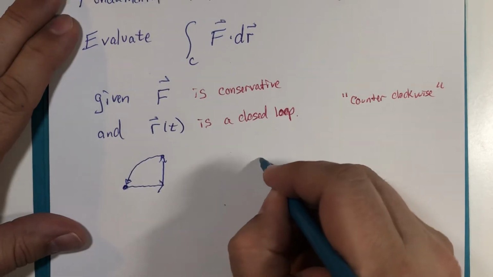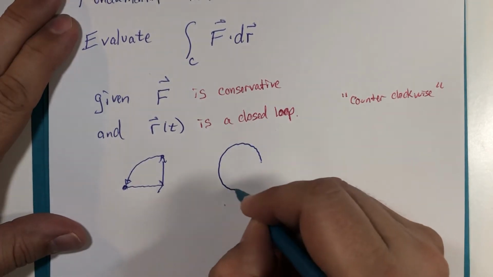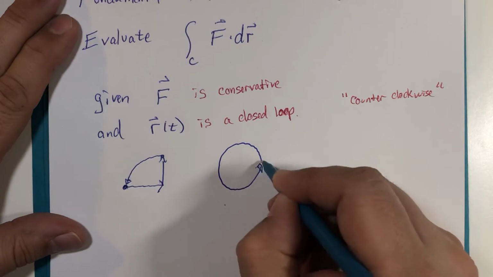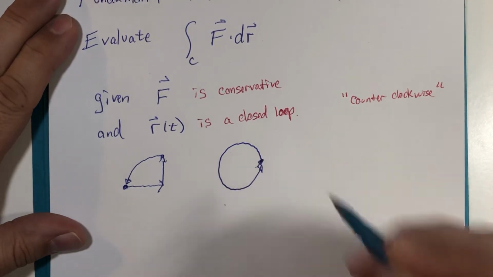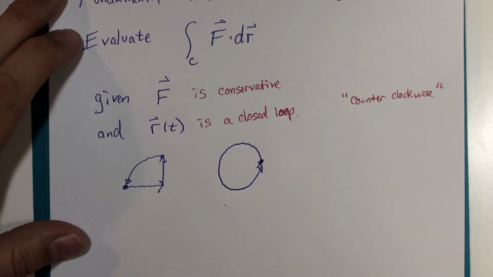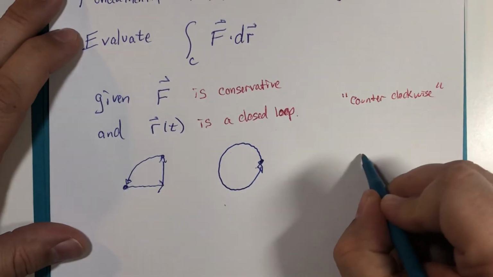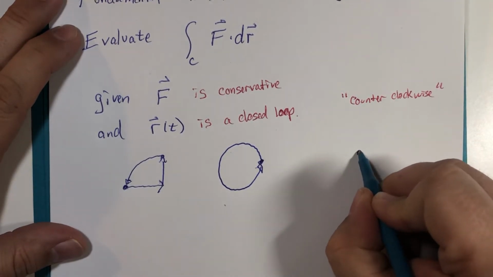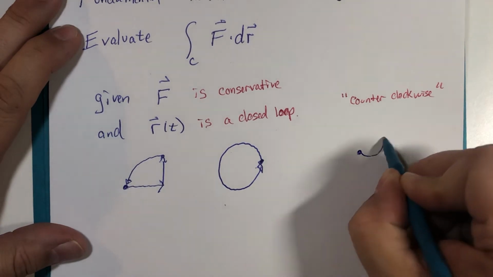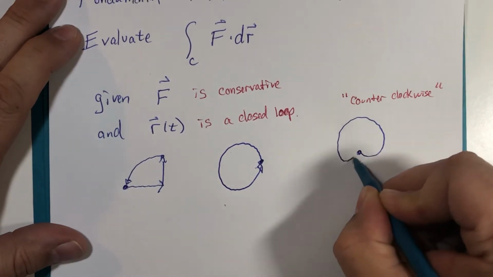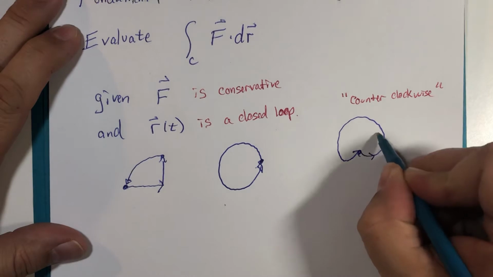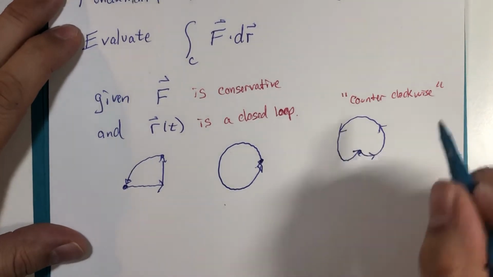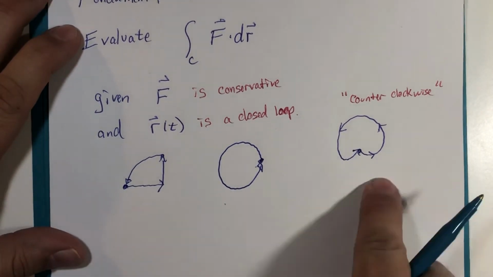Or how about a simpler example? How about just a circle going the opposite direction of the clock? Or maybe something from the world of polar, a cardioid that goes this way, opposite the clock. So each of these would represent a closed loop.